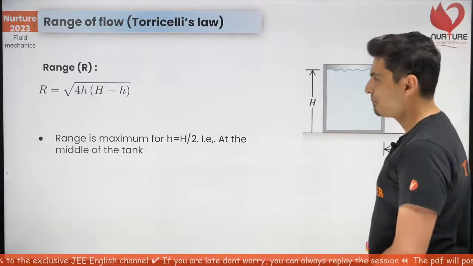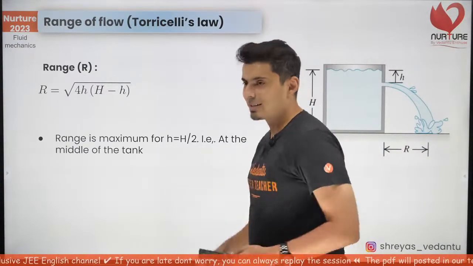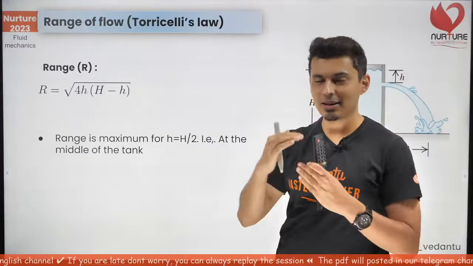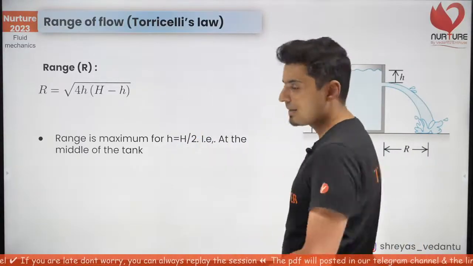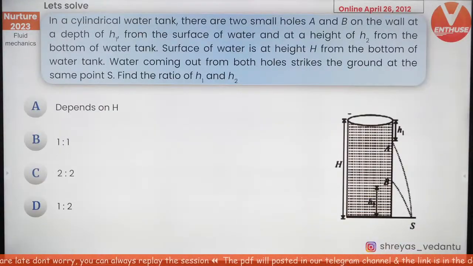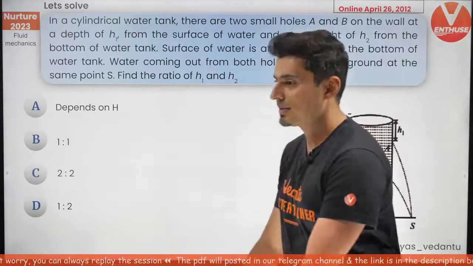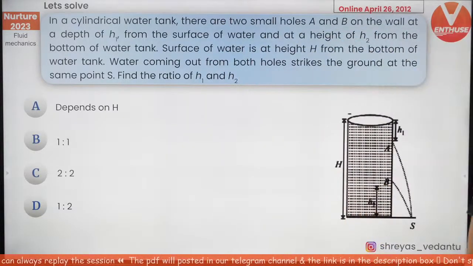So, beautiful concept: the range is maximum exactly at the center, and for complementary heights the range is the same. Let's see how many of you are paying attention. The first question is coming up on your screen, and here it is. Let's see how many of you can get this. Come on, my warriors, figure this out.